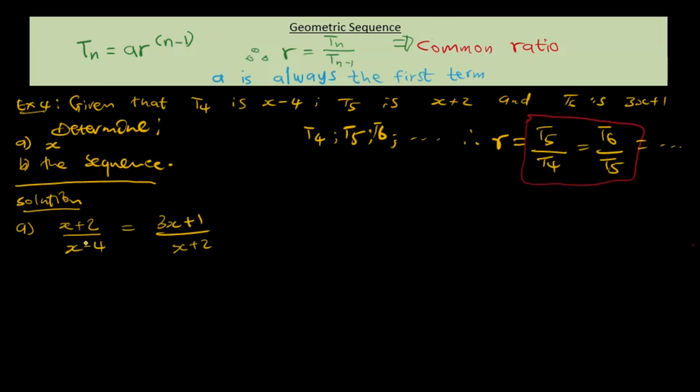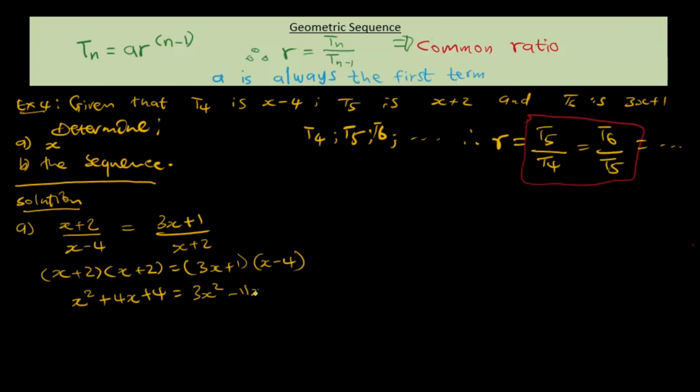Okay, so cross multiply: x plus 2 times x plus 2 equals 3x plus 1 multiplied by x minus 4. Simplified, this will give you x squared plus 4x plus 4. And then the other side simplified will give you 3x squared minus 11x minus 4.